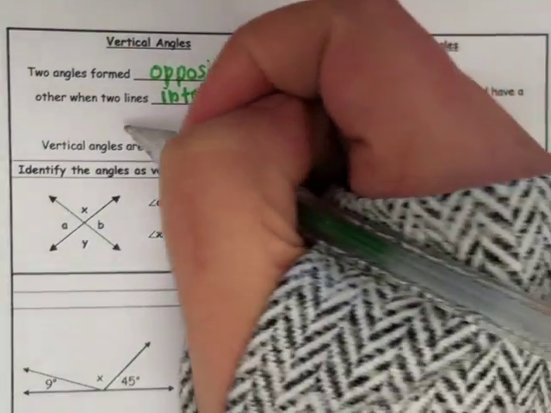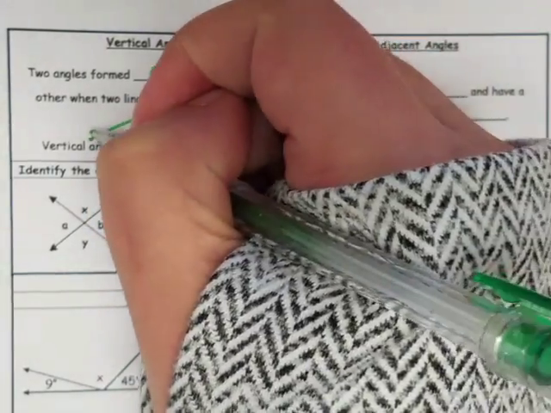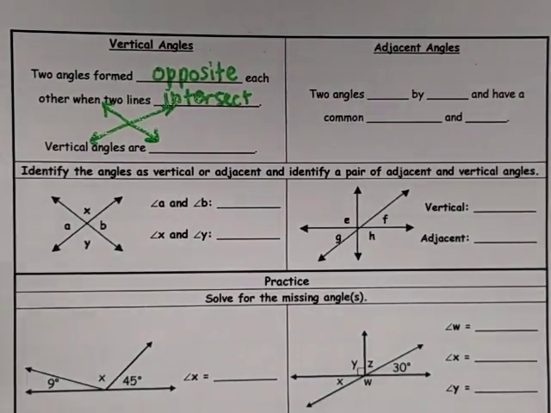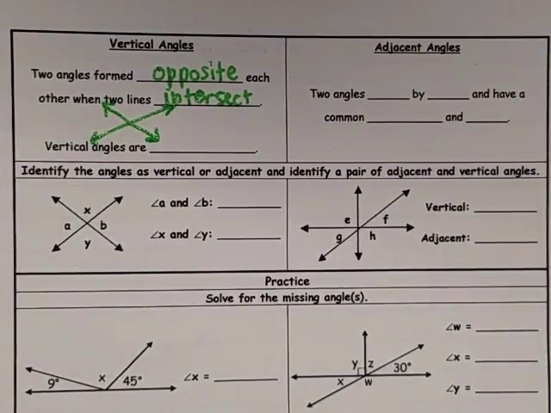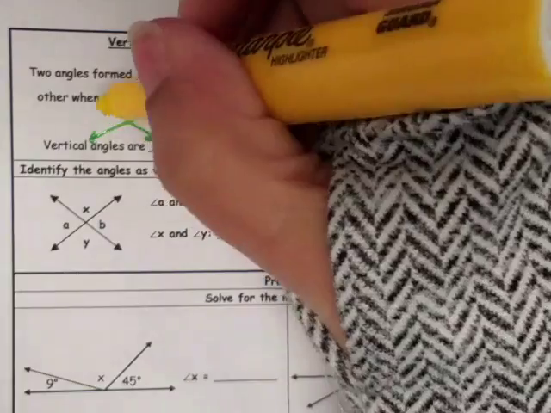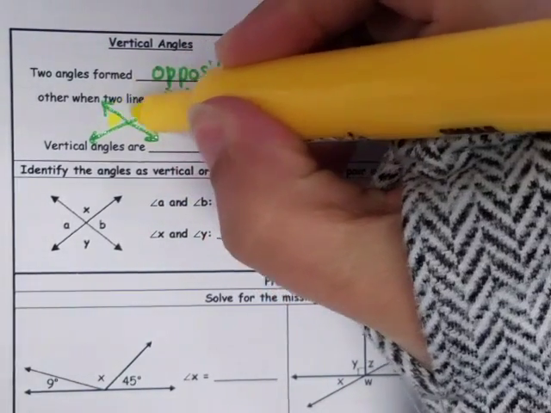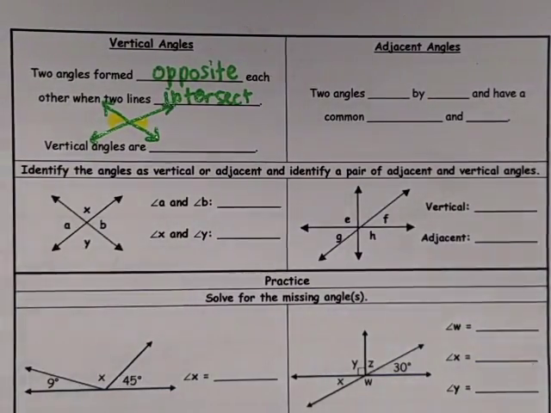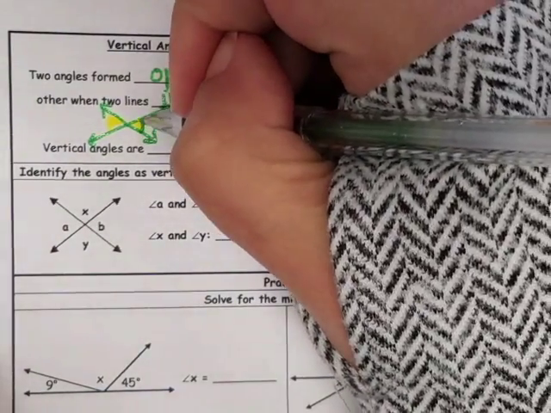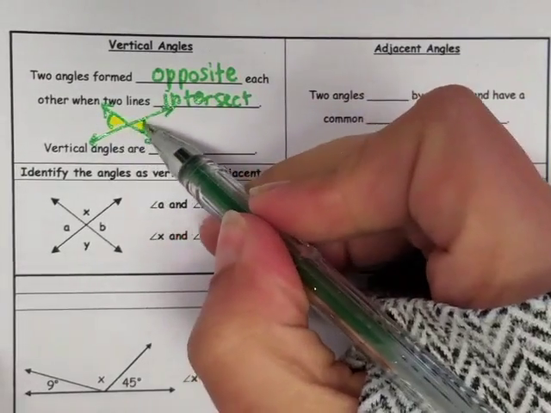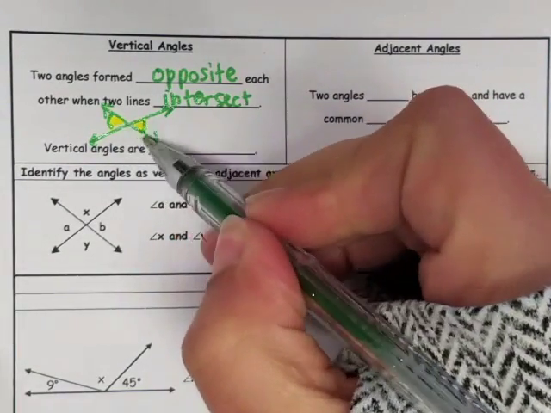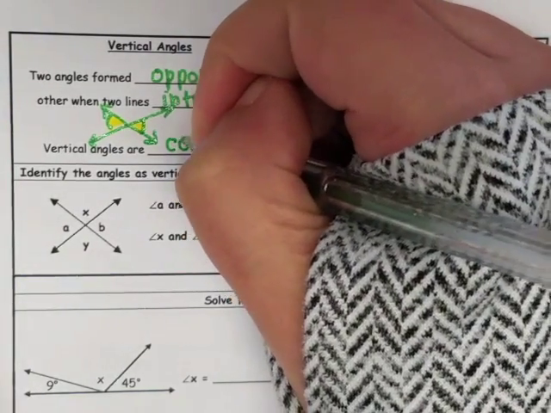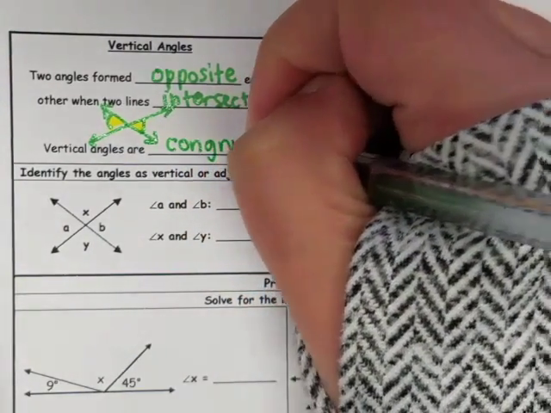So for example, if you draw the line and you draw another line right here, vertical angles, and I'm going to get my highlighter, vertical angles right here. So those two little yellow, I don't know if you can see them, that angle and that angle, these two are opposite of each other and they're congruent. So they are actually identical to each other.